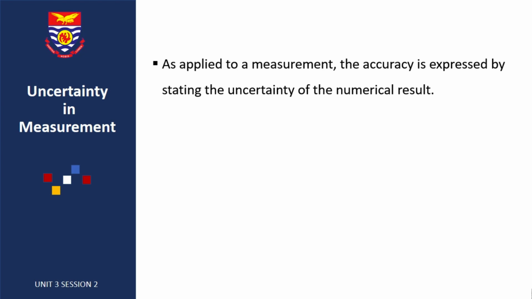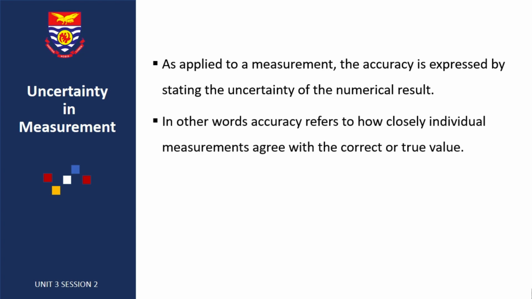What do we mean by stating the uncertainty of numerical results? It talks about the estimated maximum amount by which the results that you have measured will differ from the true or the accepted value. In other words, accuracy refers to how closely individual measurements agree with the correct or true value.